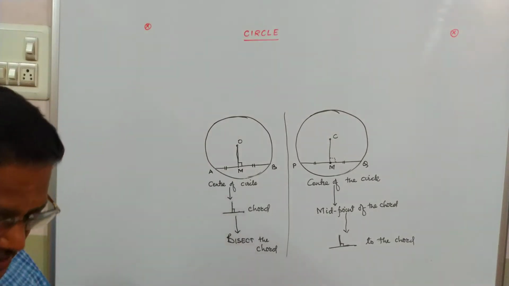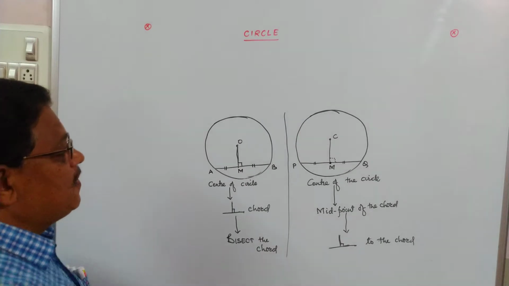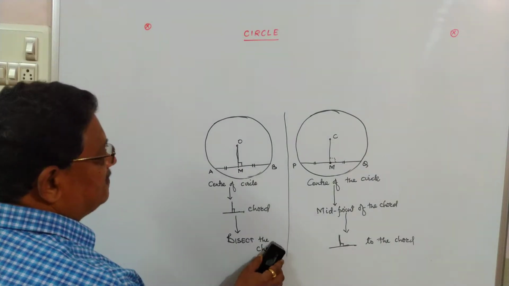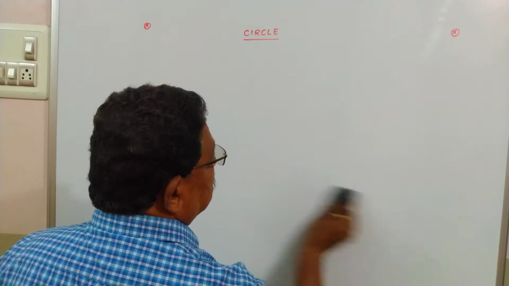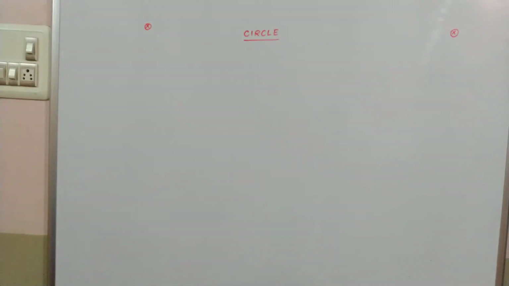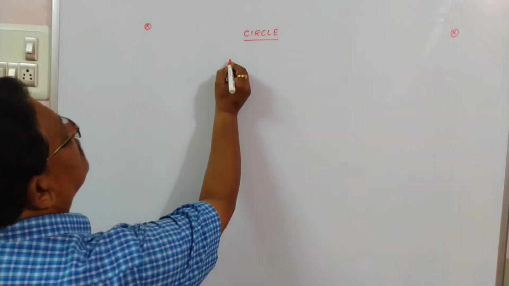Now, in 10th standard, we are going to study an important theorem which is based on circle and tangent, which is also called the tangent radius perpendicularity theorem. What does the theorem tell us?